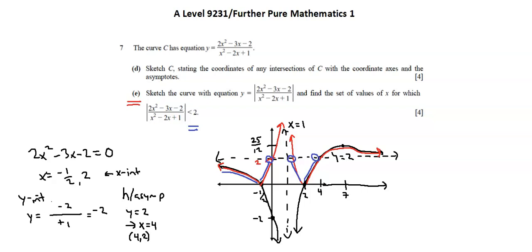What we need to find is this point here that is somewhere between x equals 1 and x equals 2, where the absolute value function is y equals 2. If we think back to where that point would be in the regular function, y equals negative 2. So I'm going to solve by putting negative 2 in as the value of the function. Negative 2 equals 2x squared minus 3x minus 2 over x squared minus 2x plus 1.